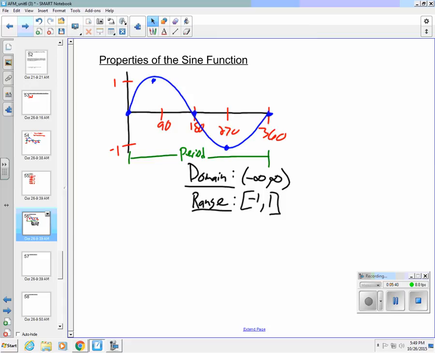The next thing we talk about for trig functions that repeat with the same pattern is the period, which is the length to complete one cycle of the function. So for the sine function, we see the whole cycle takes 360 degrees to repeat the whole pattern.